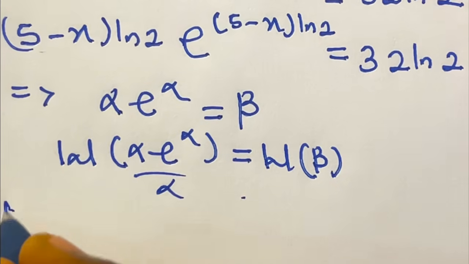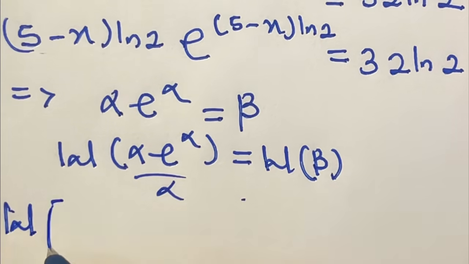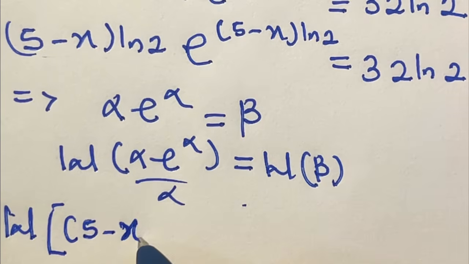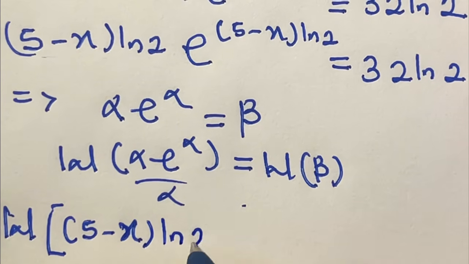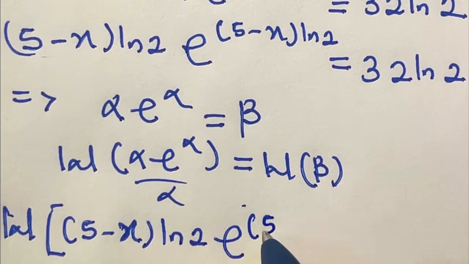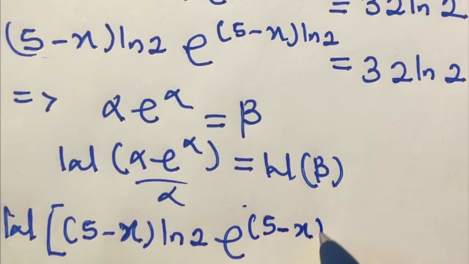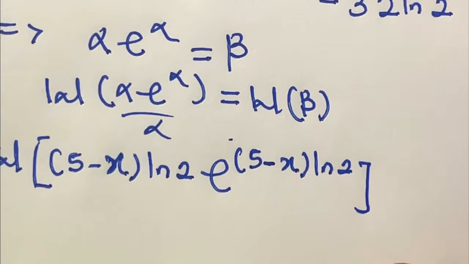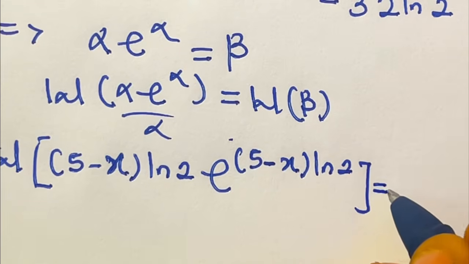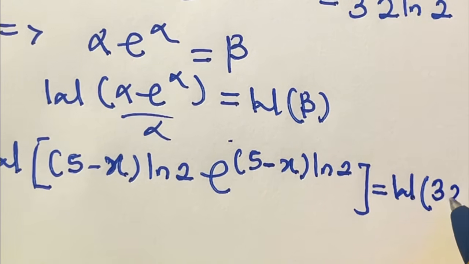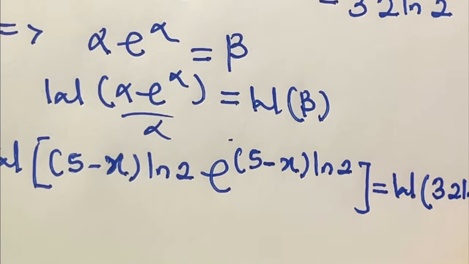We are going to have the Lambert function of 5 minus x ln 2, exponential of 5 minus x ln 2, equals the Lambert function of 32 ln 2.